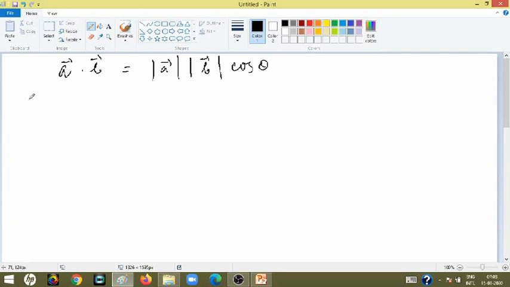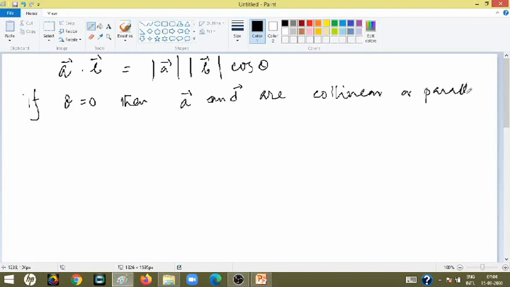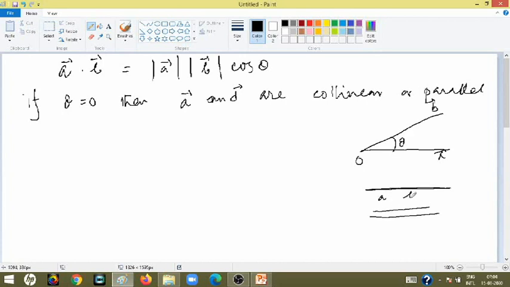Now if theta equals 0, then A and B are either collinear or parallel.